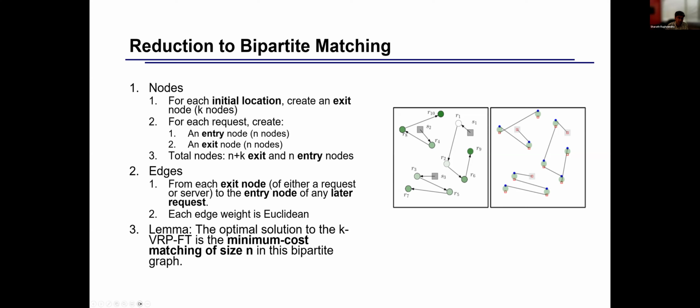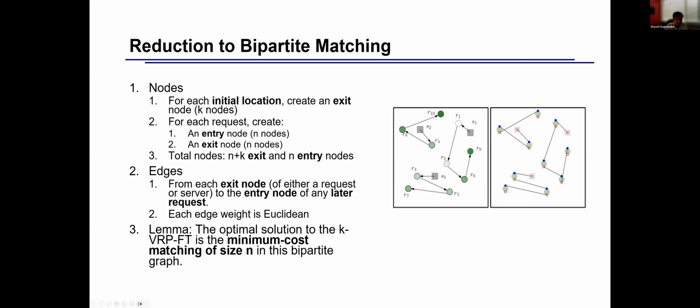Now I'm going to create edges from each exit node, either of a request or a server, to another entry node of a later request. I'm only going to add edges from exit nodes of earlier requests to entry nodes of future requests, because that's modeling the constraint that you have to visit requests in increasing chronological order. And I assign the weight of each edge to be the Euclidean distance.